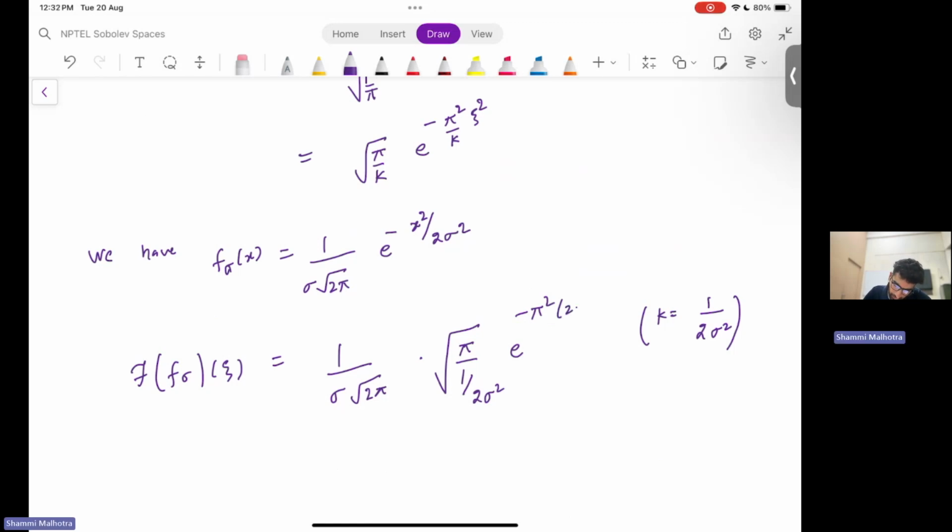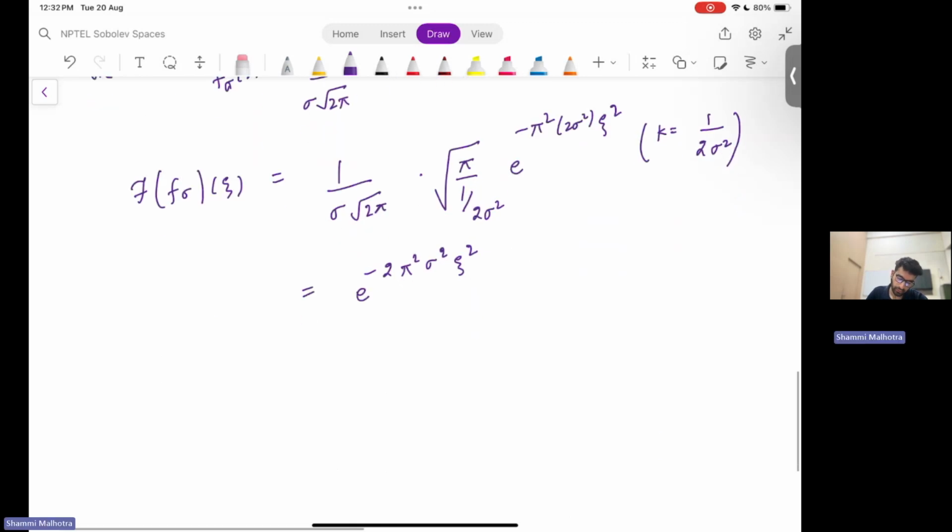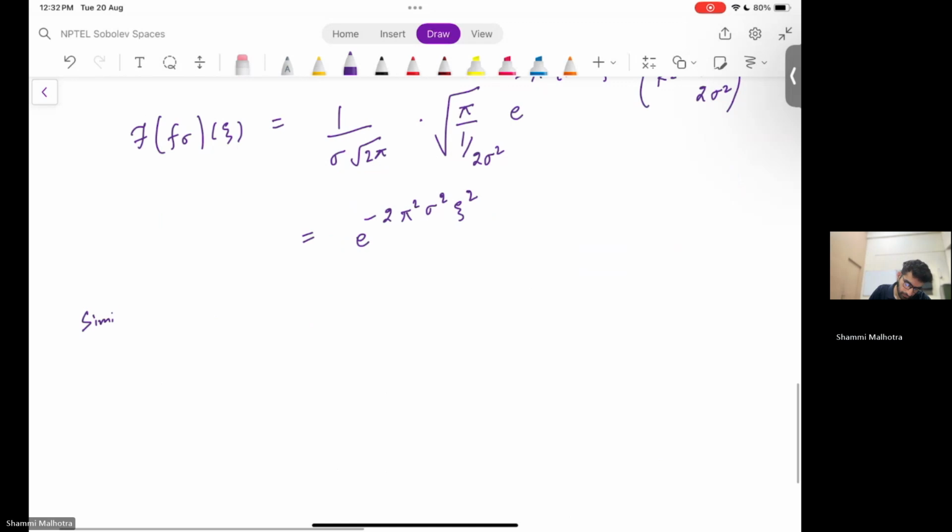So pi into 2 sigma square xi square, and this constant will cancel out, so this ends up being just e raised to the power of minus 2 pi square sigma square xi square. And similarly, the Fourier transformation of f tau at xi would be e raised to the power minus 2 pi square tau square xi square.